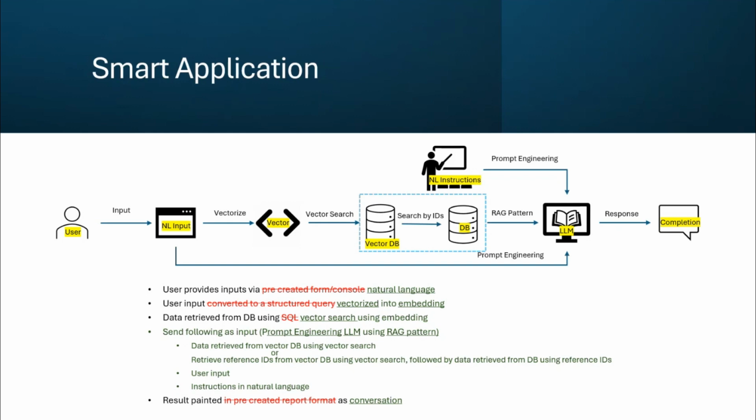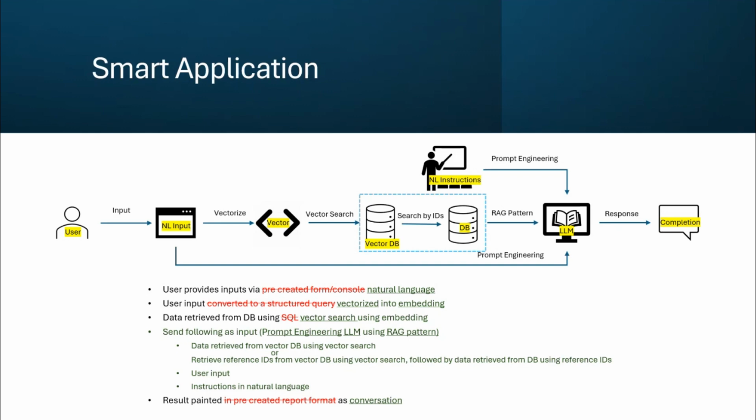Then I take the data retrieved from the database and give that data to the LLM, for example, OpenAI ChatGPT. I will also give ChatGPT some instructions, and that's called prompt engineering. These instructions are again in English. I am just telling the LLM how to behave. It's more like the rules of engagement.